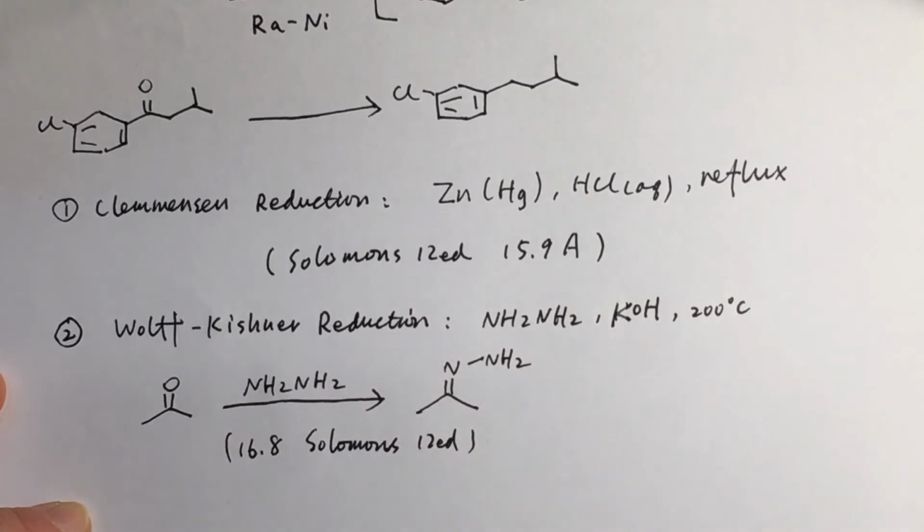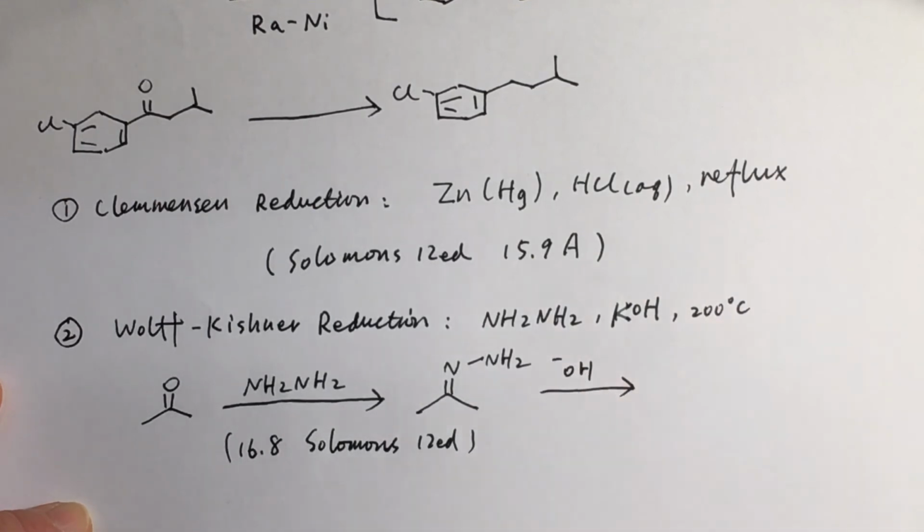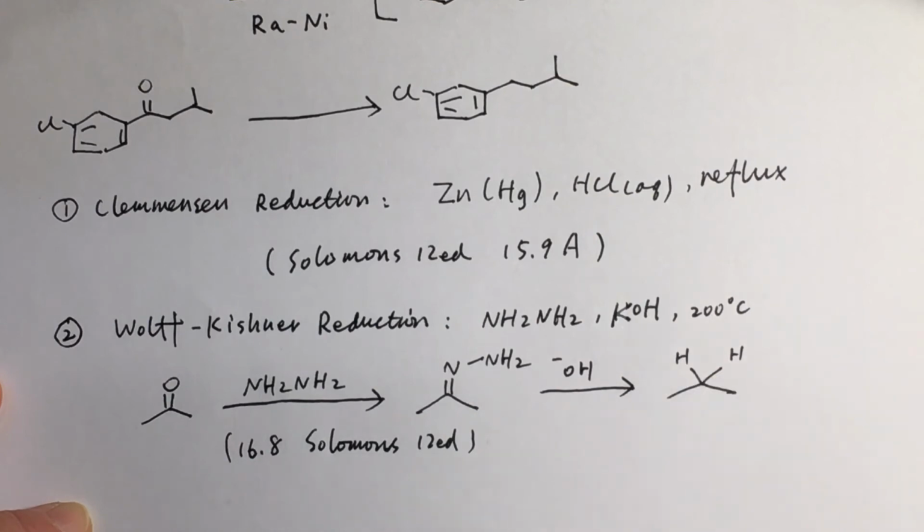It is one of the very typical nucleophilic addition reactions as well. Once you generate the hydrazone, the hydrazone could eventually turn into the corresponding CH2 group under basic condition, finishing up this deoxygenation reaction.